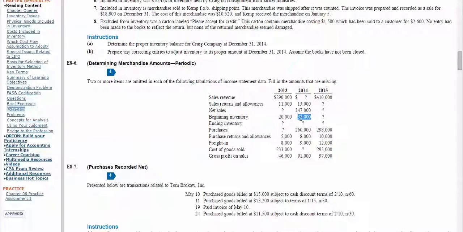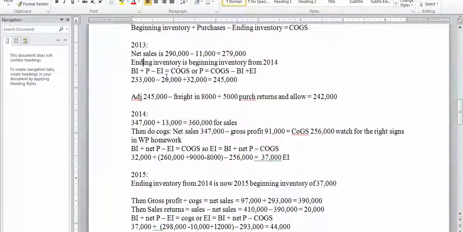Beginning inventory for 2014 is the ending inventory for 2013. What we end with in 2013 becomes what we start with in 2014, and what we end with in 2014 becomes what we start with in 2015. So we can figure it out like that. In this little puzzle, that means this is 32,000.